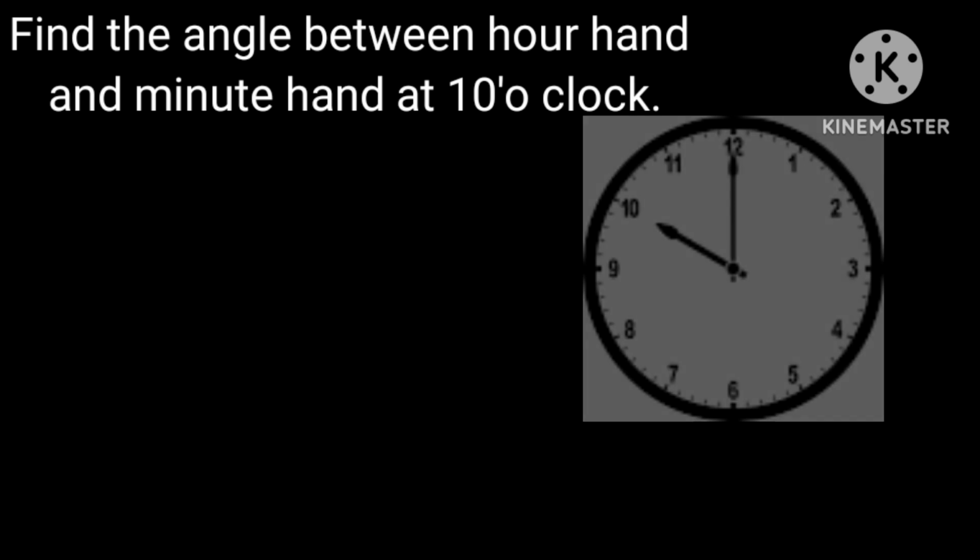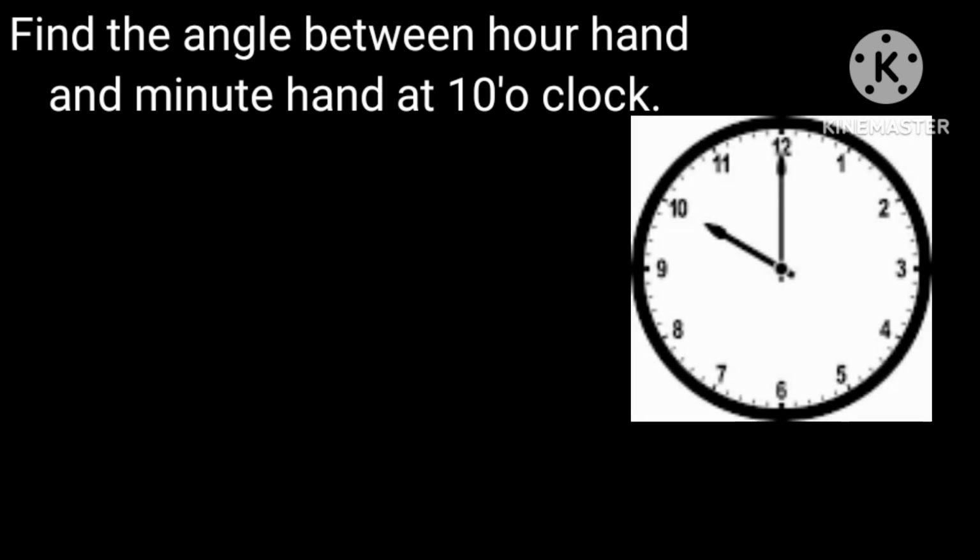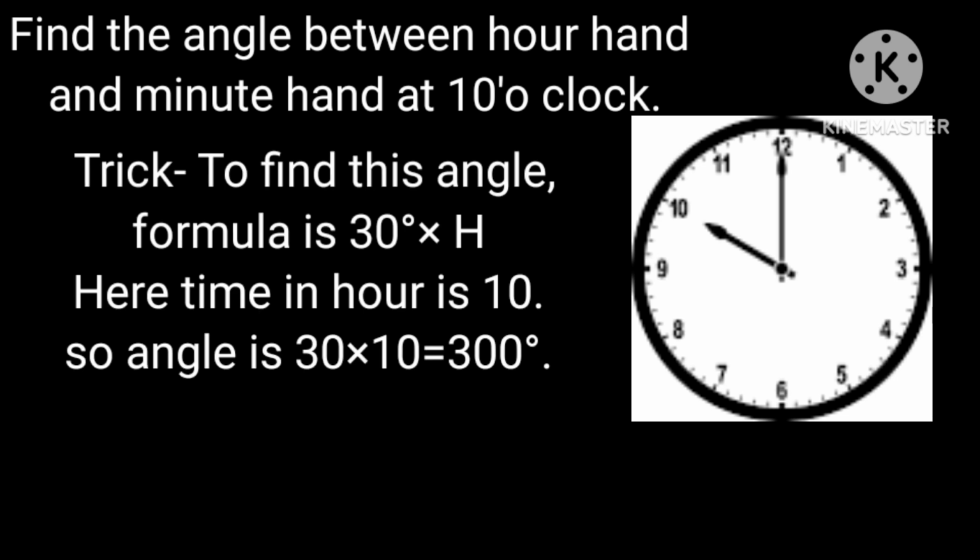At 10 o'clock the clock will look like this: the longer hand is at 12 and the shorter hand is at 10. The longer hand is called the minute hand and the shorter hand is called the hour hand. We will solve these questions by trick and by concept.